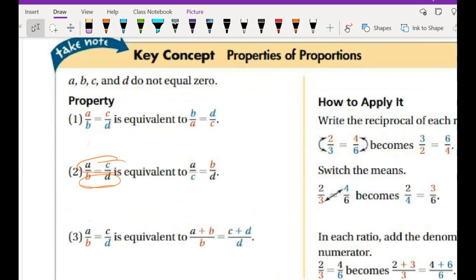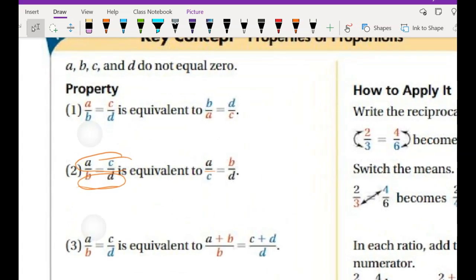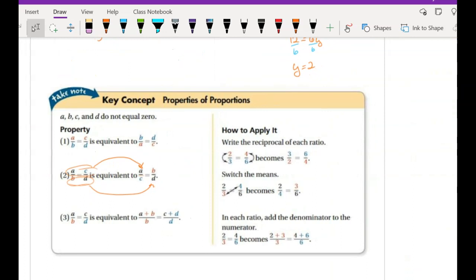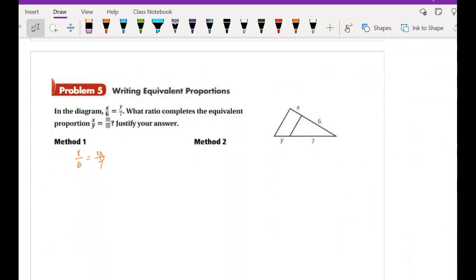And remember the second property, I took the numerators and turned them into a fraction. And I took the denominators and did those into a fraction. So let's see. Oh, I can do the same thing. So I can say x to y is equal to 6 to 7.